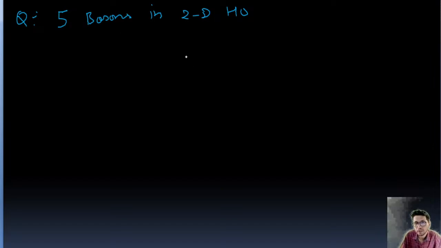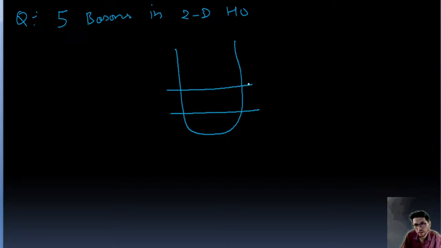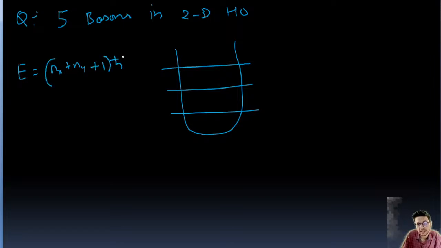So for a 2D harmonic oscillator, the energy we know, right? That is nx square plus ny square. No, this is nx plus ny plus 1 h cut omega, right?